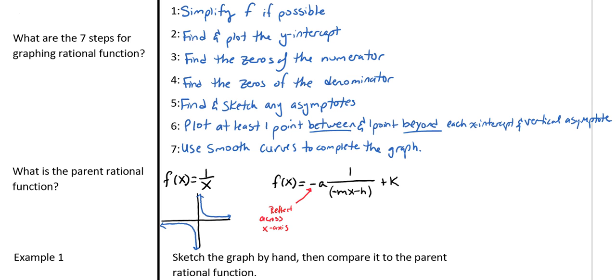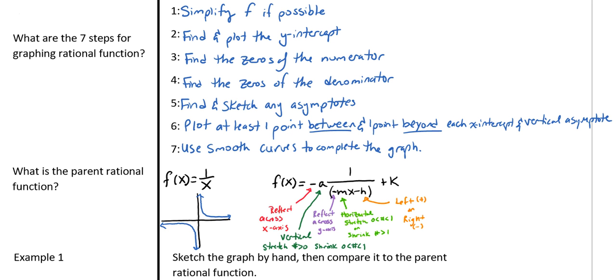Our negative sign in the front will reflect across the x-axis. Our a will signify a vertical stretch or shrink depending on the number. Our negative on the inside with the x will reflect across the y-axis. The number being multiplied by x will be a horizontal stretch or shrink depending on its number, and reflected with its reciprocal when we are describing.